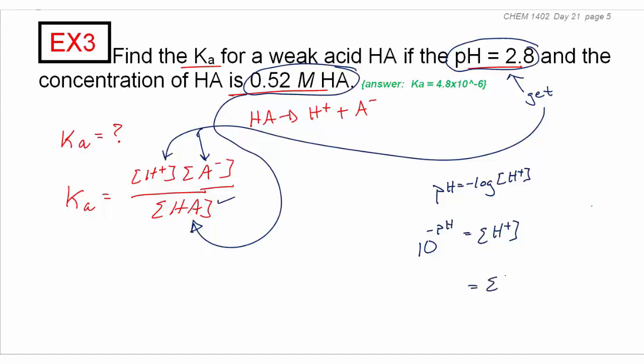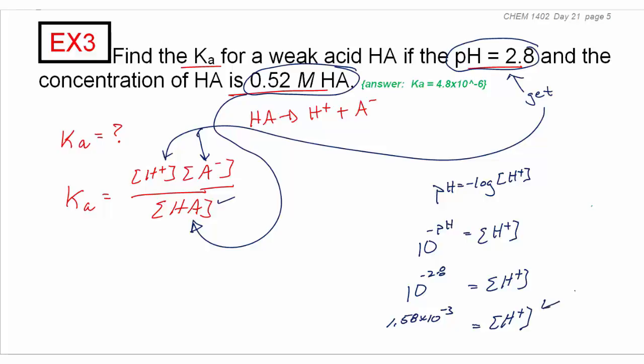So our hydrogen ion concentration is 10 to the negative 2.8. What is that? 2.8 negative, shift 10 to that power, 1.58 times 10 to the negative 3. So that is my hydrogen ion concentration.